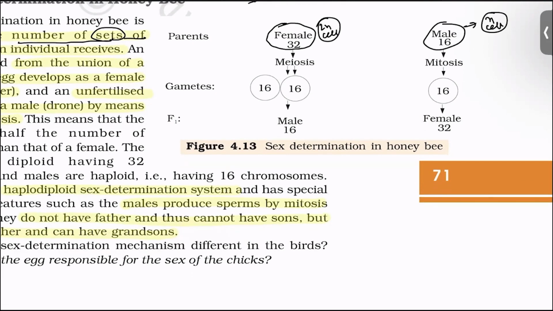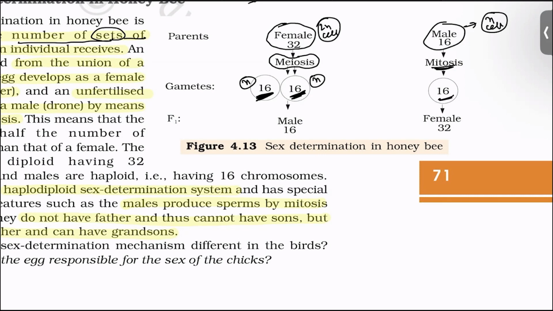A female undergoes meiosis to form gametes, and one gamete contains a haploid set of genome, so 16 chromosomes in one gamete and 16 chromosomes in another gamete. And males form gametes by mitosis, they just duplicate themselves, and the gamete will have 16 chromosomes.